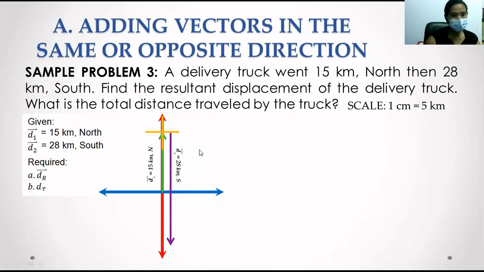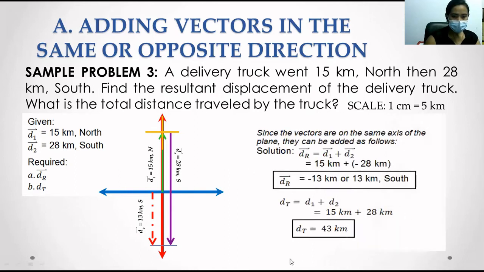So this will be our displacement number 2 directed southwards. Therefore, our resultant displacement will be drawn from the origin or the tail of our first displacement to the tip of the last displacement, which means this would only be 13 kilometers south.